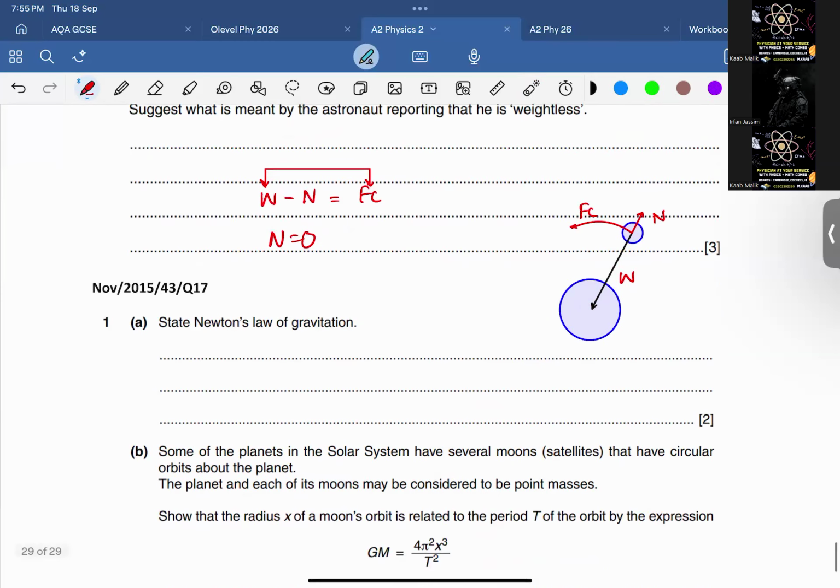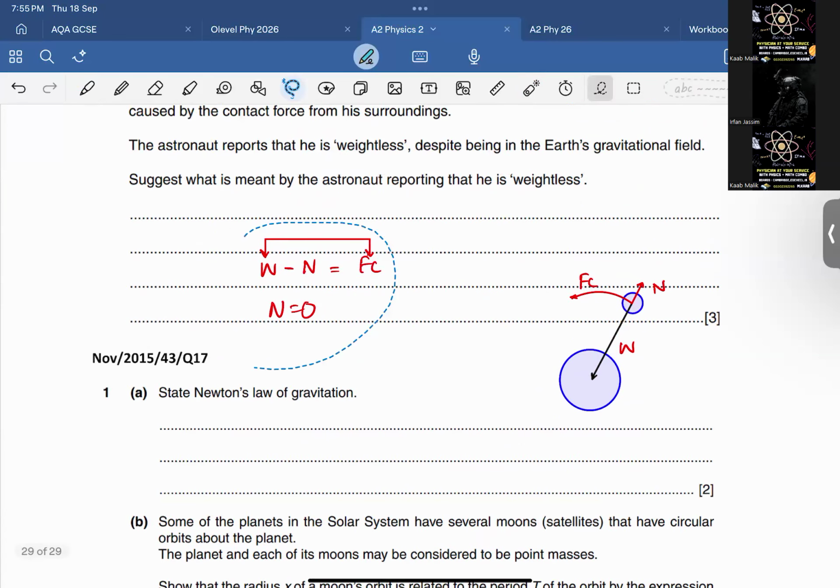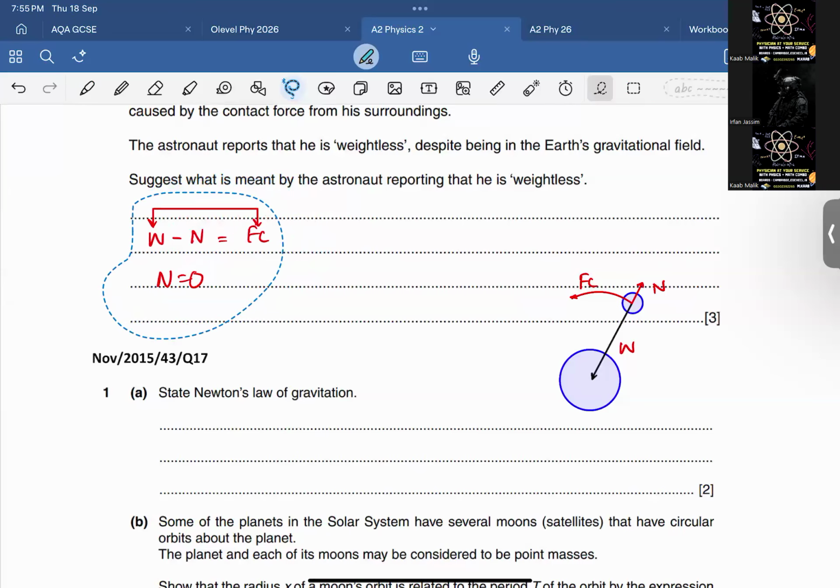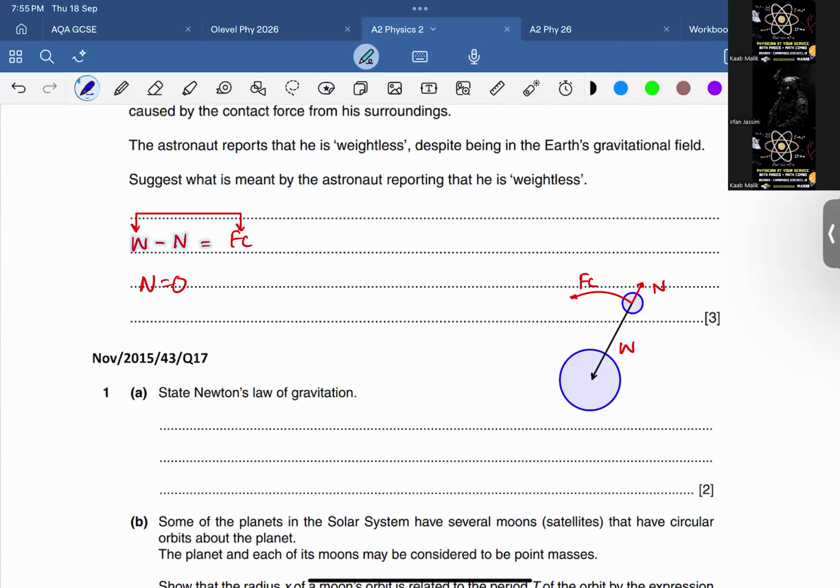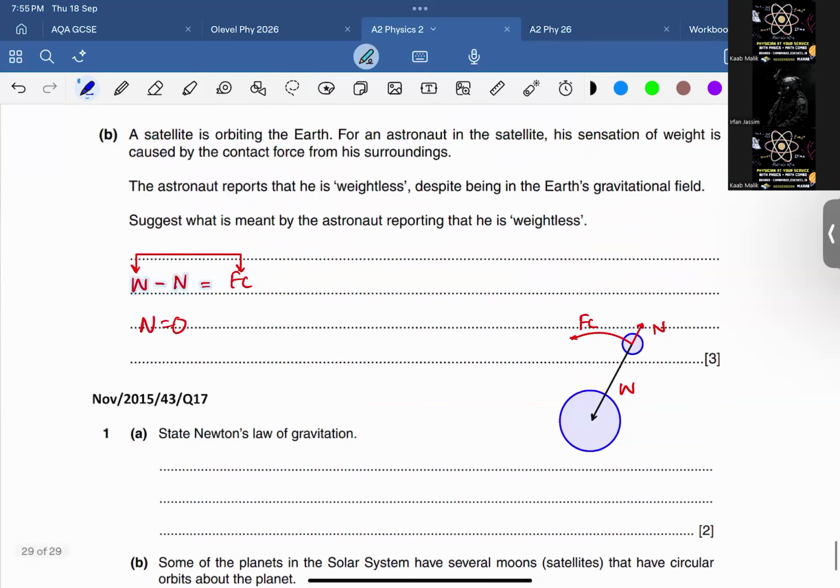We experience our weight due to the contact forces, so since the contact force is zero, he feels weightlessness. Okay, clear? If the weight is zero, that means contact force is zero? No, weight is not zero. Weight is equal to the resultant force.